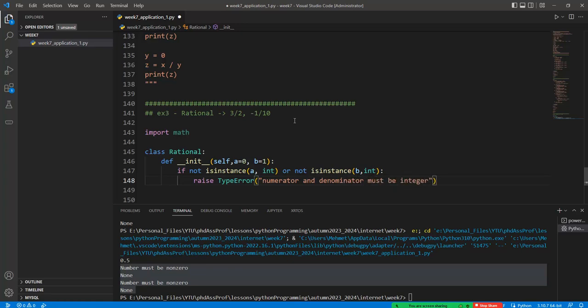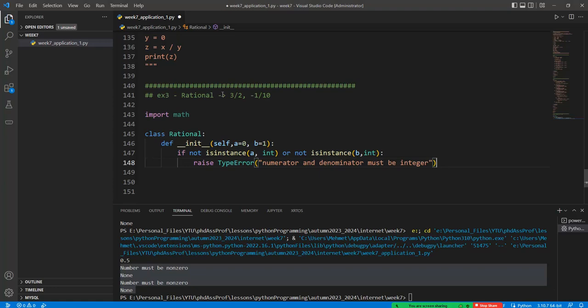These are the properties for the rational class. Because in a rational number we have integer values, positive or negative. It doesn't matter.